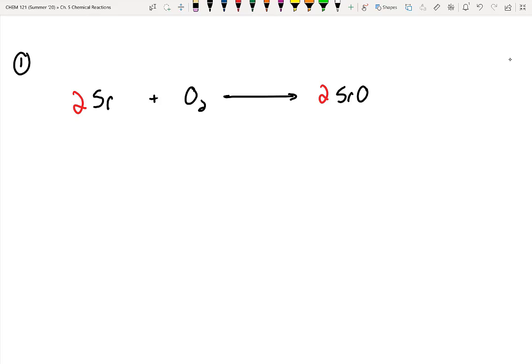It's really important to do that before you do much else with chemical reactions. Okay, so now what I want to do is assign oxidation numbers. So let's think about Sr right here, the strontium. What would the oxidation number be for this reactant or element? +2.